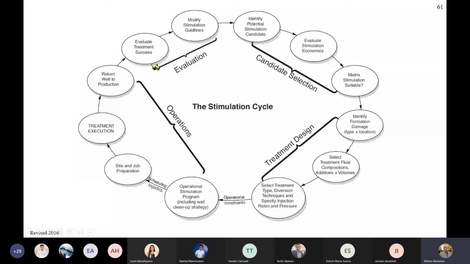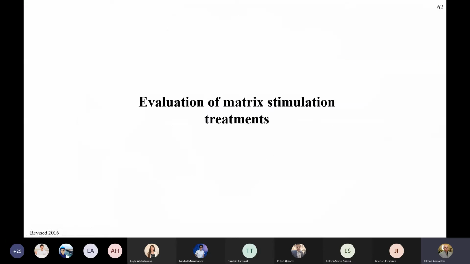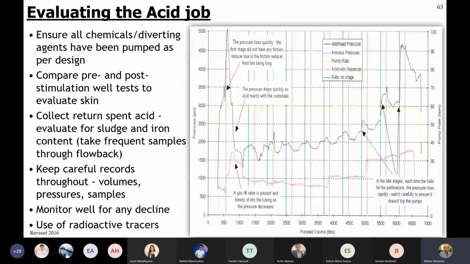Evaluation of the acid job is based on the data that we get from the acid job: the pressure data, like wellhead pressure, annulus pressure, pumping rate, the balls, the downhole pressure, etc.